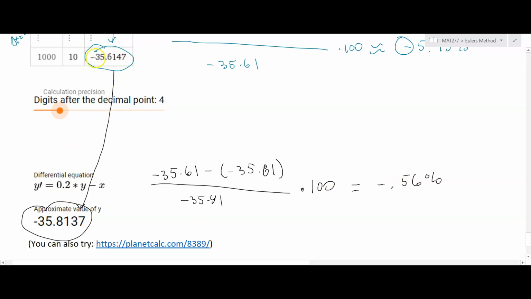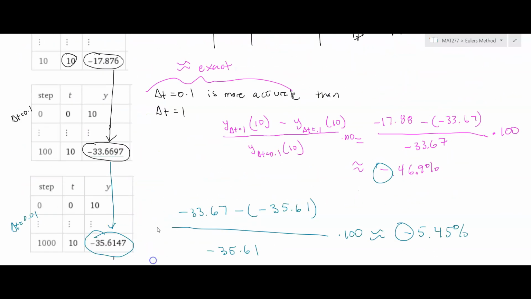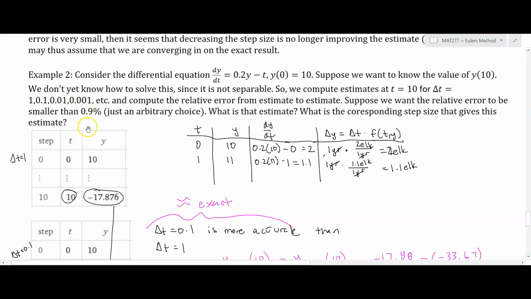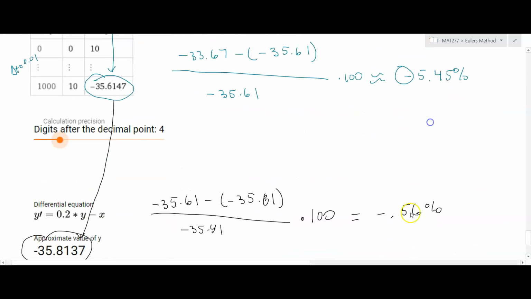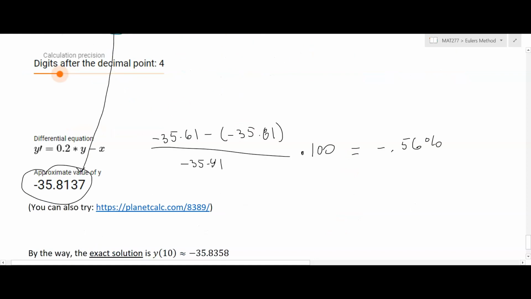So in terms of the change in precision, this value, negative 35.61, was just over 0.5% smaller than this negative 35.81. Now, we wanted to keep estimating until we were certain that our relative error from step size to step size was smaller than 0.9%, and this is smaller than 0.9%.